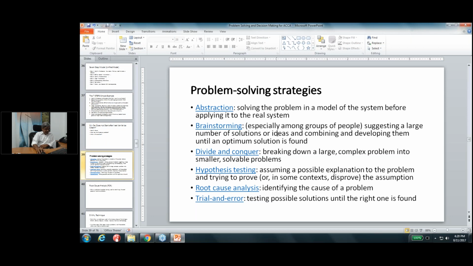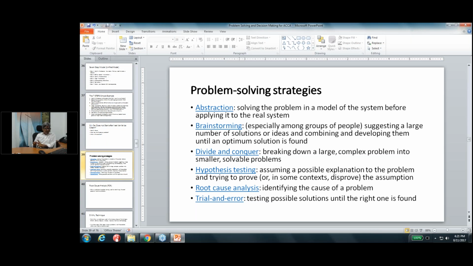We use brainstorming, trying different ideas in order to make the solution. Another very interesting strategy is divide and conquer. Identify the problem, break it down into pieces, decompose it to a level where there is no further division, and then apply the solution. That is one of the strategies.